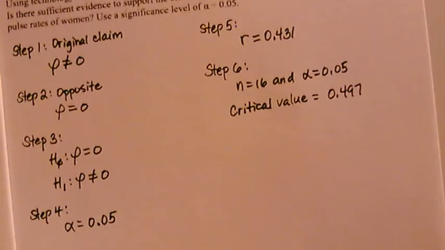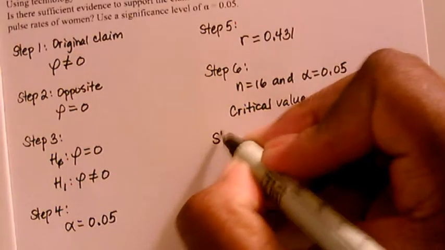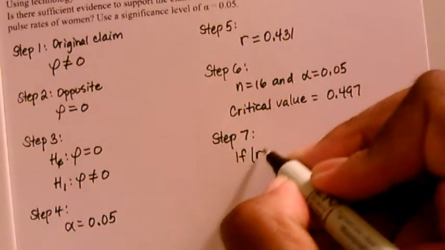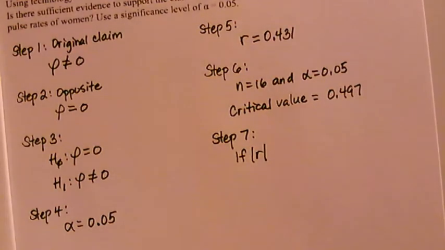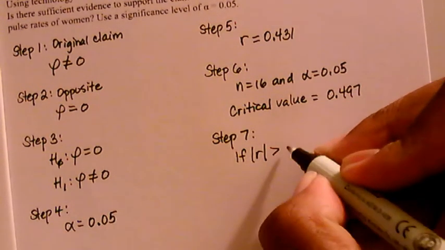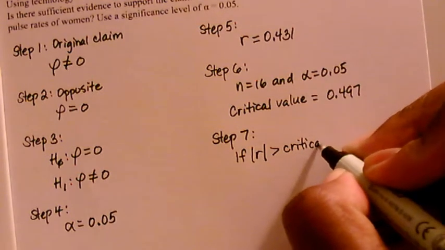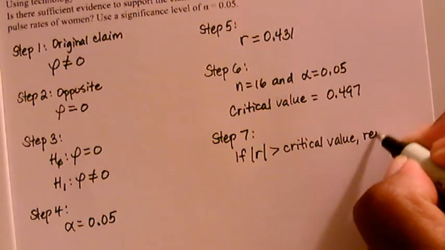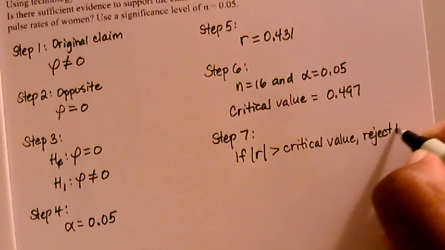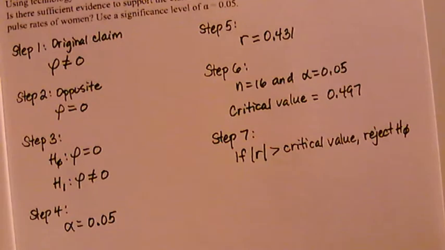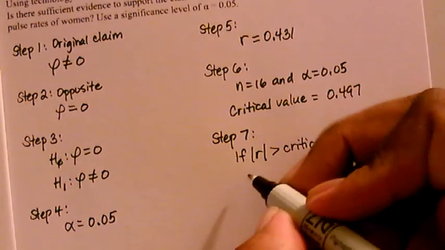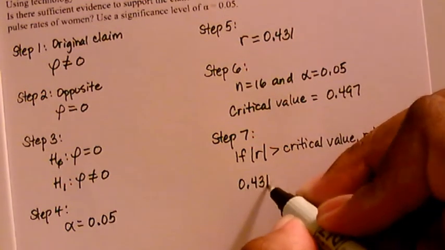Step number 7 is finding your decision using your decision rule. We're using a critical value approach, so the decision rule is this: if the absolute value of R is greater than your critical value, you're going to reject the null. The absolute value of 0.431 is 0.431.